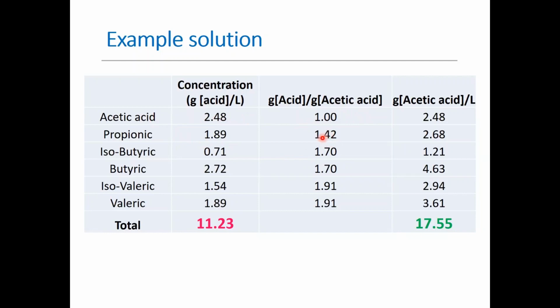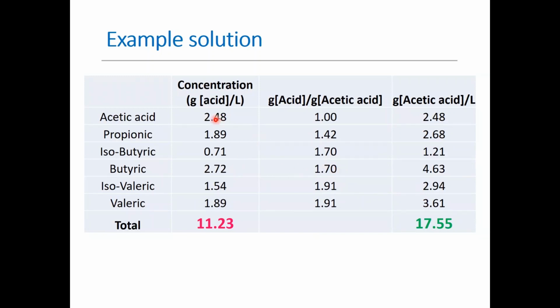For propionic acid we have 1.42, for isobutyric acid 1.7, butyric acid the same thing, isovaleric acid 1.19, and for valeric acid 1.91. So this is the conversion factor, and we know where we got these numbers, based on the COD and the explanations I just gave.